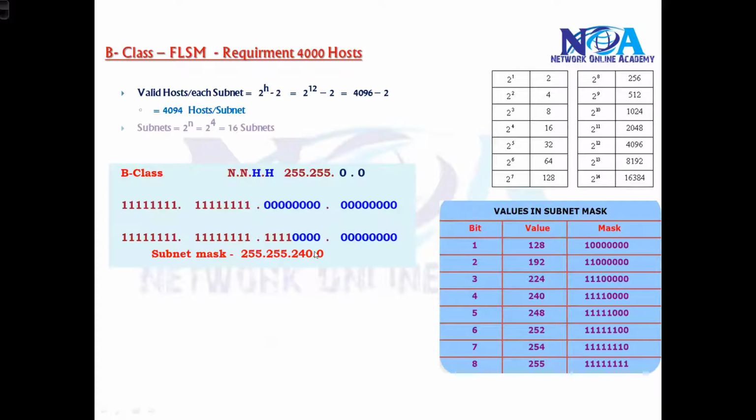And the next thing, again the same, how many valid host addresses? Total 4096. In that we have to subtract 2. So the valid addresses will be 4094. And how many subnets do we get? Subnets you have to calculate based on the converted bits. So 2 to the power of 4, 16 subnets.